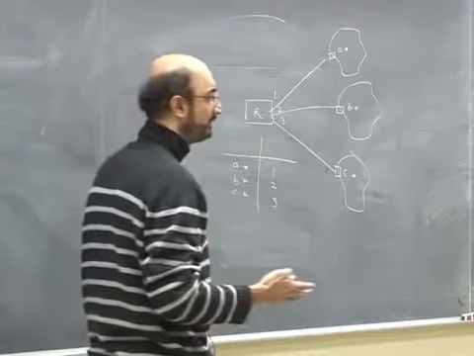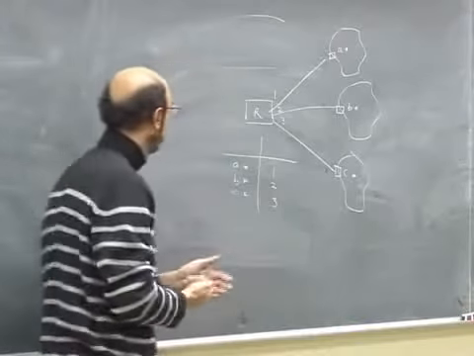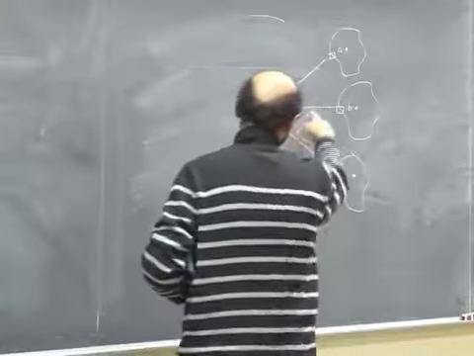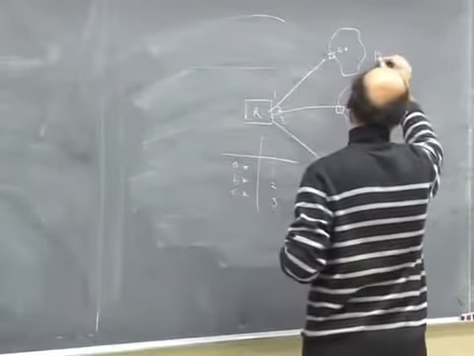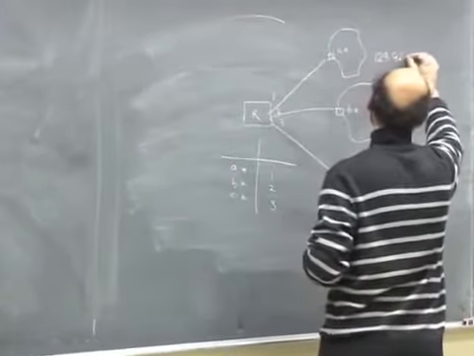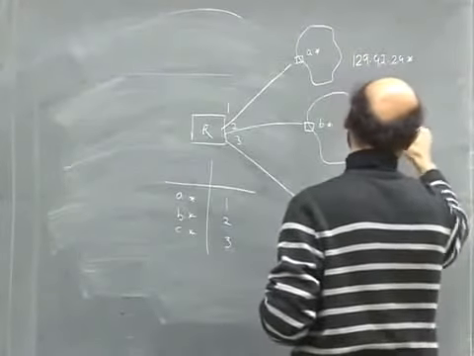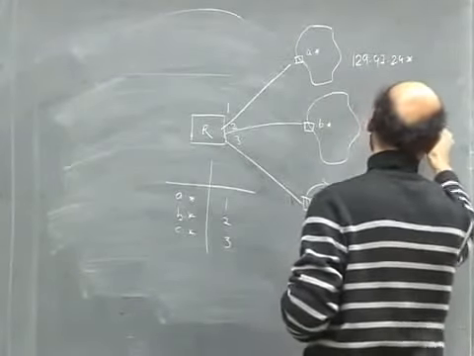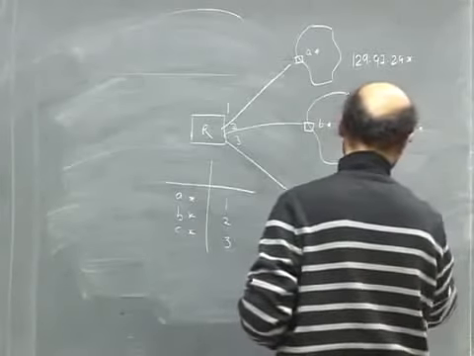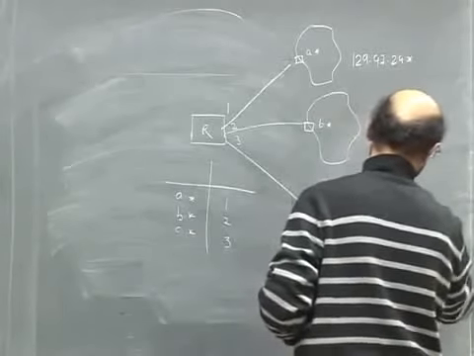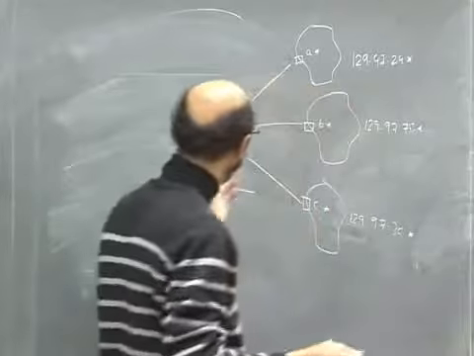To explain this, let's say this was 129.97.24 dot star, this was 129.97.75 dot star, and this 129.97.36 dot star. Let's say these are the numbers.